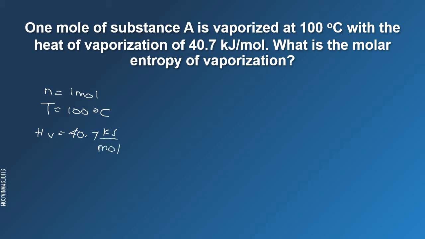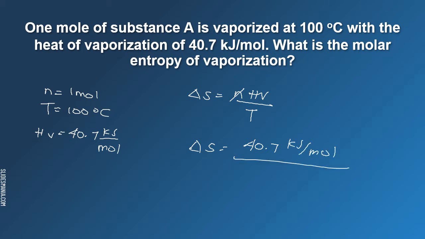So the appropriate formula to use is delta S is equal to nHv per T. But this time we are asked for the molar entropy, therefore we don't need to add your n. Divided by our temperature, which is 100 degrees Celsius.